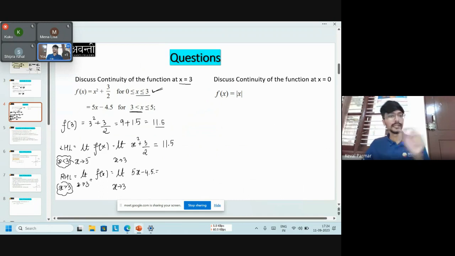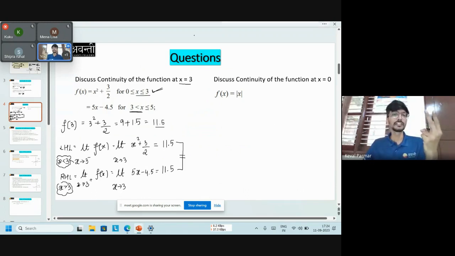Again, there is no indeterminate form. That means directly substitute here. 5 times 3 is 15, minus 4.5 is 11.5. So left hand limit is equal to right hand limit, which implies the limit exists. So, one more thing, functional value exists, limit exists.